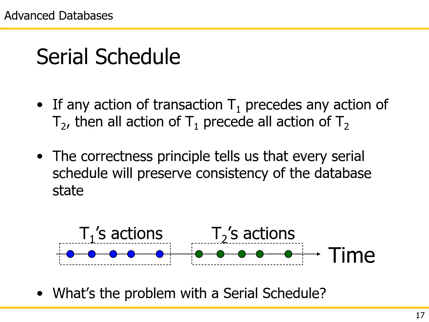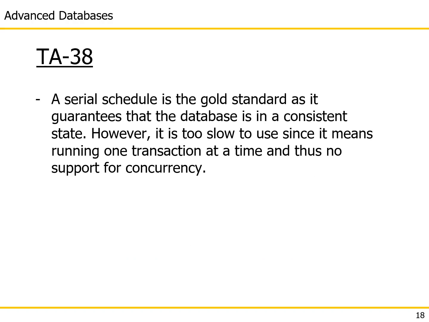And more about this will come soon. So, to summarize, a serial schedule is the gold standard as it guarantees that the database is in a consistent state. However, it's too slow to use since it means running one transaction at a time and thus no support for concurrency or running things in parallel.